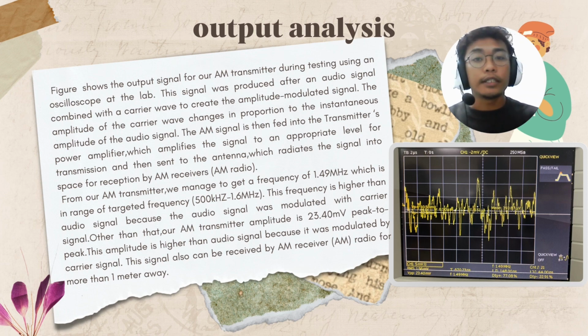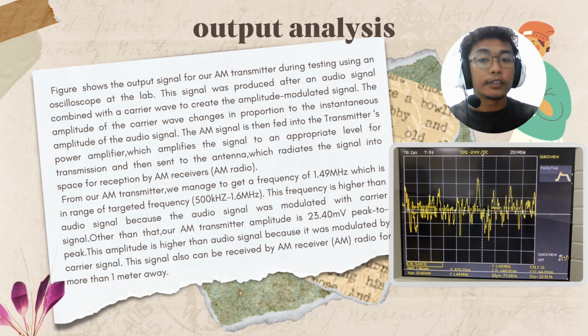The AM signal is then fed into the transmitter power amplifier, which amplifies the signal to an appropriate level for transmission and then sent to the antenna, which radiates the signal into space for reception by an AM receiver, which is an AM radio.